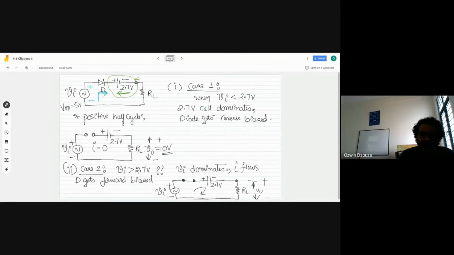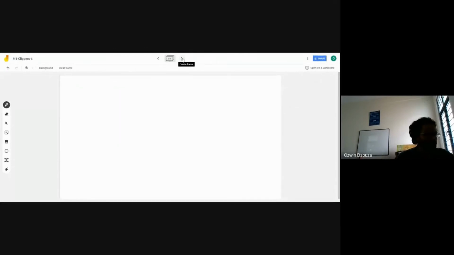Hence you can apply KVL in the clockwise direction. When you apply KVL, what do you get? You get Vi minus 2.7 minus V0 is equal to 0.